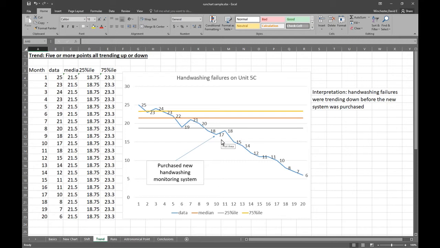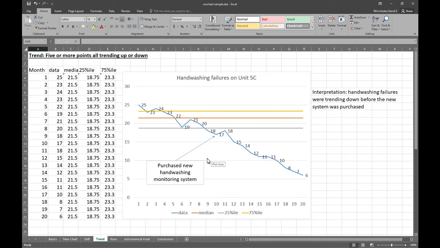That might be due to a Hawthorne effect, that they knew they were being watched by these auditors.